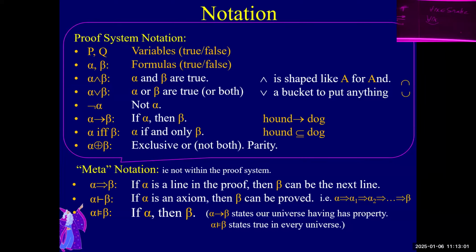And it's just not the case. There are things that are true in every universe that you can't prove in your proof system. So that's just this nuance here. We're not going to spend too much time on Gödel's incompleteness theorem, so it won't matter that much, but it's good to know.